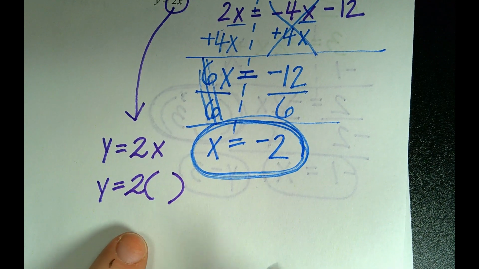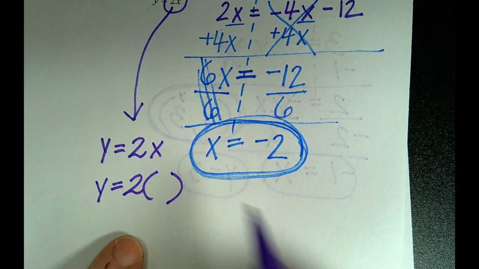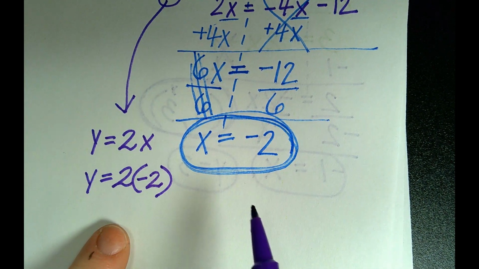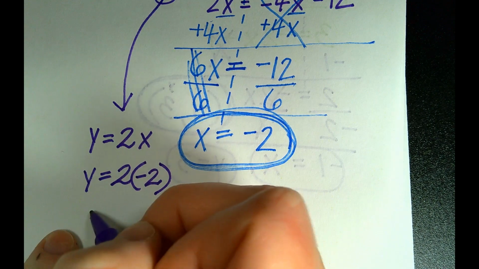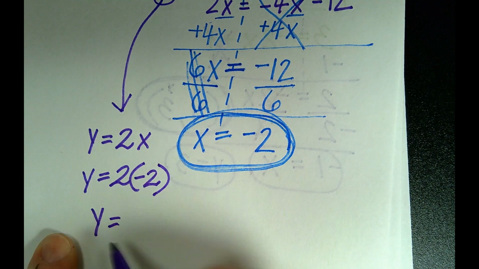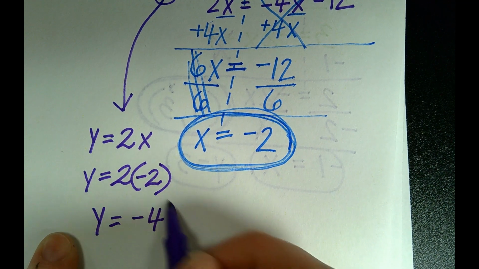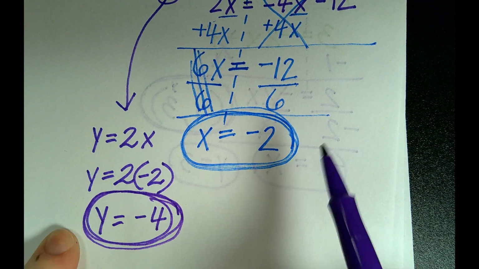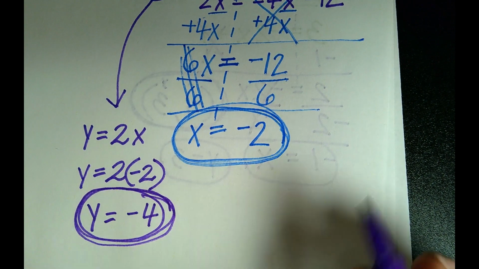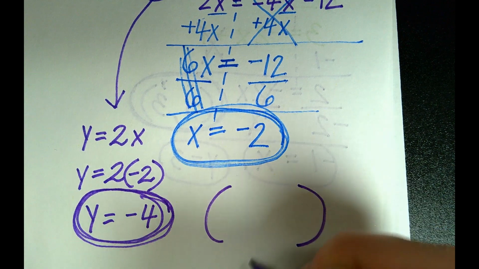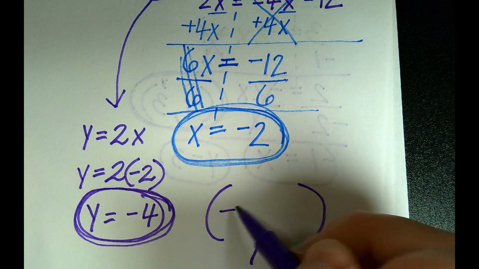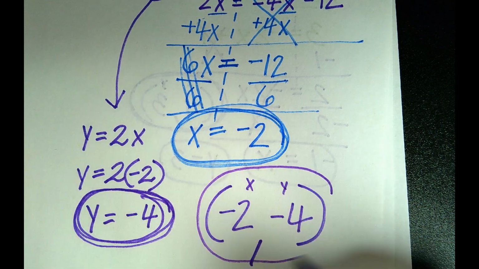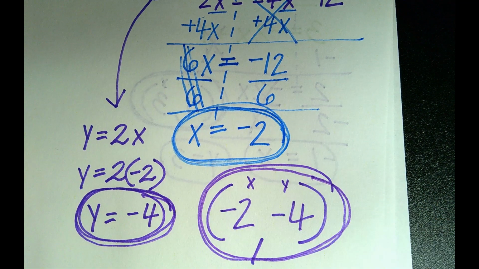What is that x value? Negative 2. So y equals 2 times negative 2. What is 2 times negative 2? Negative 4. That is our answer for y. x is negative 2, y is negative 4. If we wrote it as a coordinate, we'd have negative 2, negative 4, x and y. There we go.